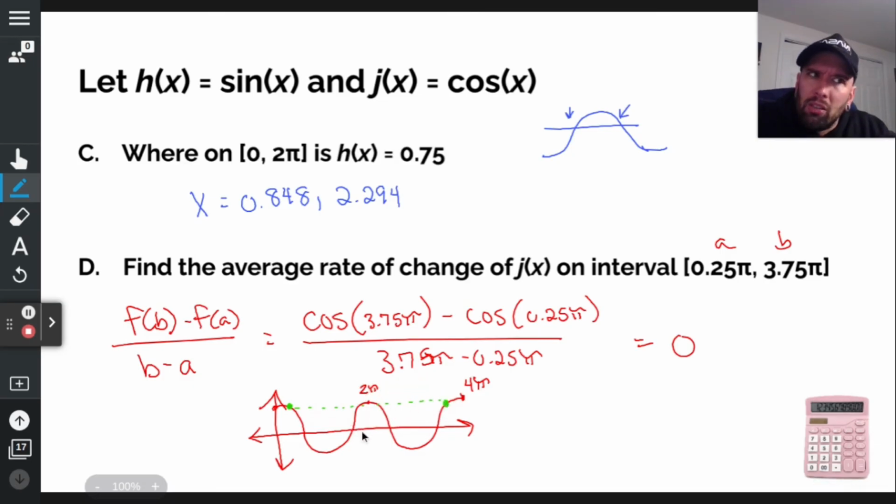Which means if I'm at whatever number that is, point something, 0.9, I end up at 0.9 after who cares what amount of time. I haven't changed anything. The average rate of change of a horizontal line is nothing.